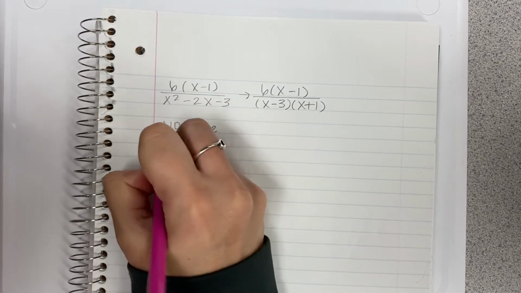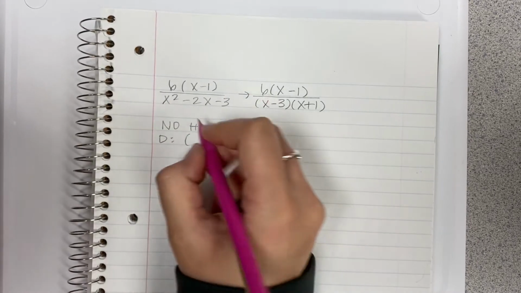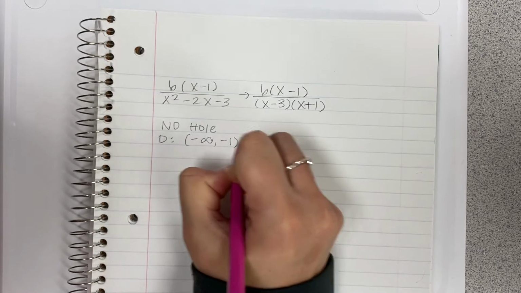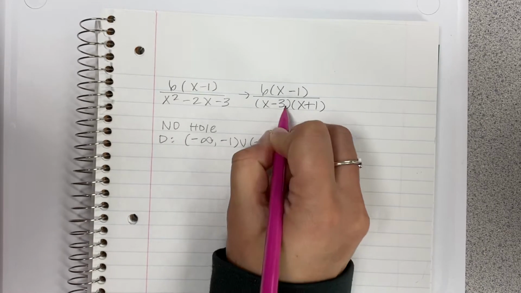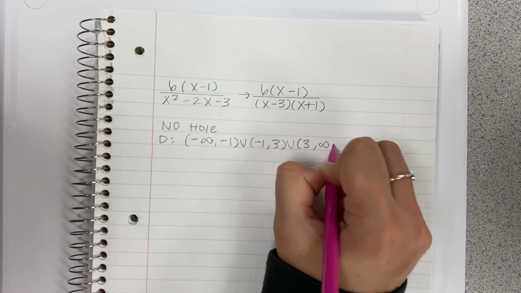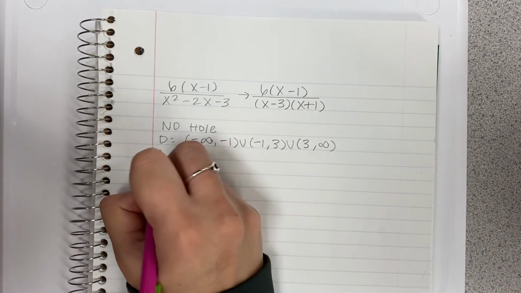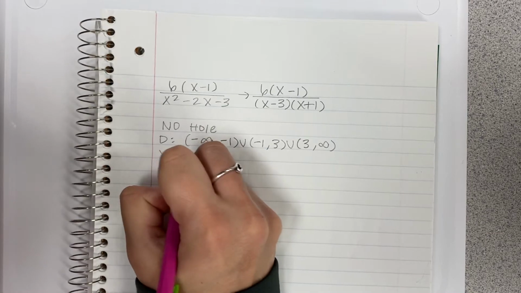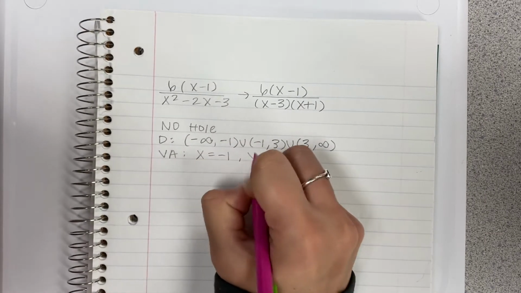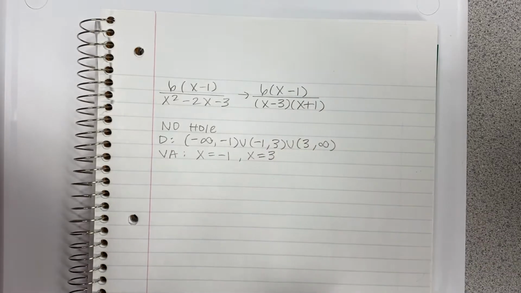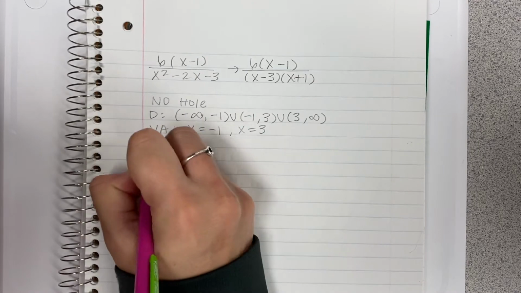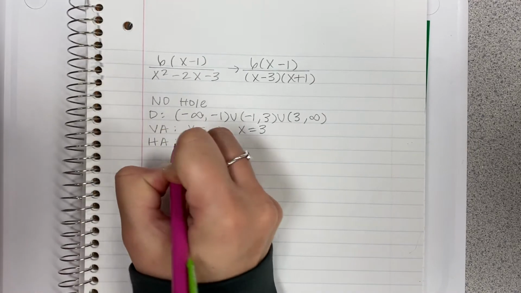The domain: look at the denominator, so start at negative infinity, the next one is -1, then -1 to 3, and then 3 to infinity.